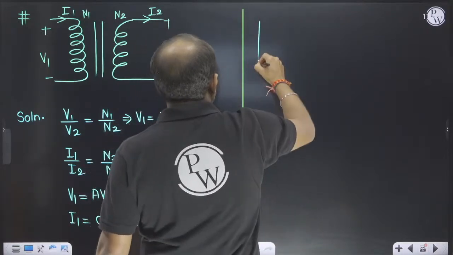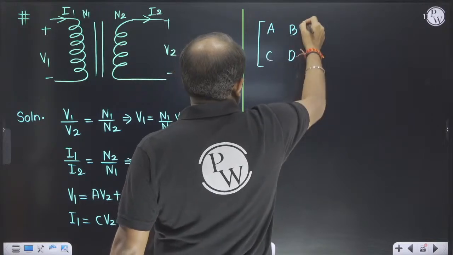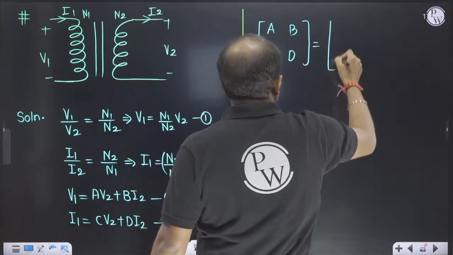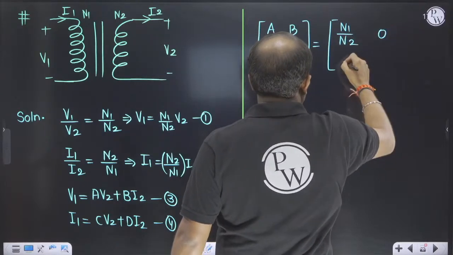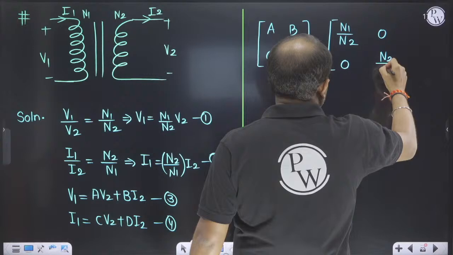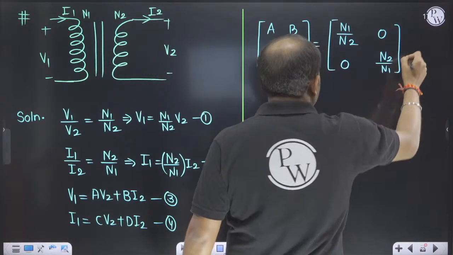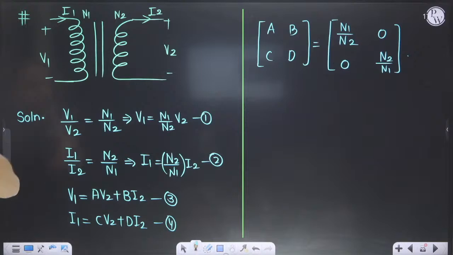So what is the ABCD matrix? A is N1 by N2, B is 0, C is 0, and D is N2 by N1. So you have calculated the ABCD matrix for the transformer.